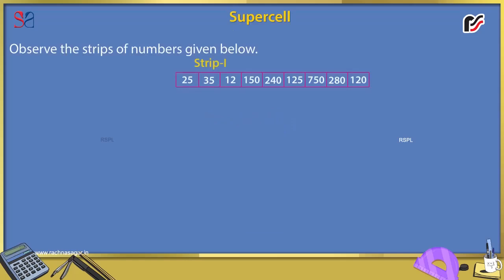Strip 1, 25, 35, 12, 150, 240, 125, 750, 280, 120. Strip 2, 715, 213, 856, 349, 102, 109, 893, 795, 1015.